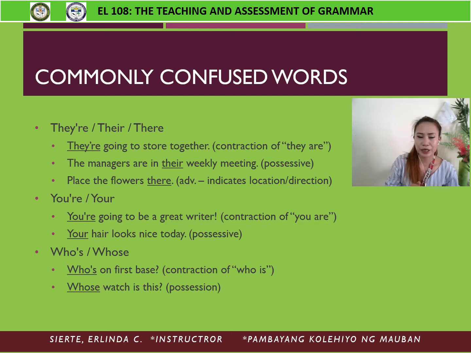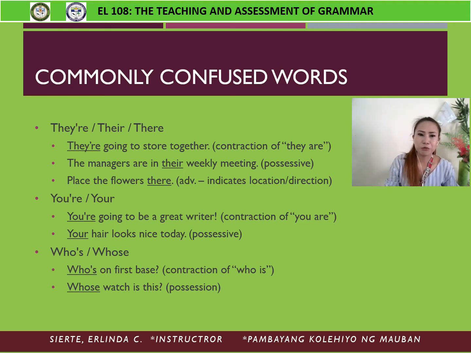The next given statement: "The managers are in their weekly meeting." The function of the word their in that statement is possessive. And the last sentence: "Place the flowers there." The function of the word there in this sentence is adverb, indicating location or direction.